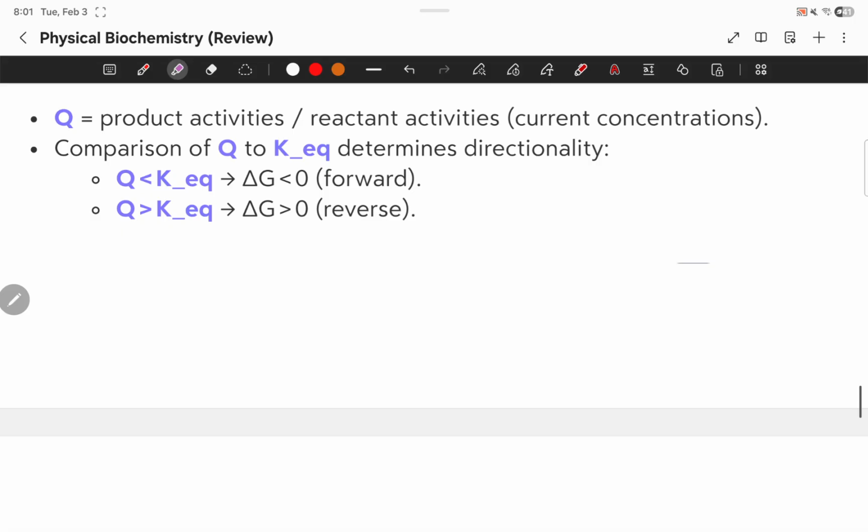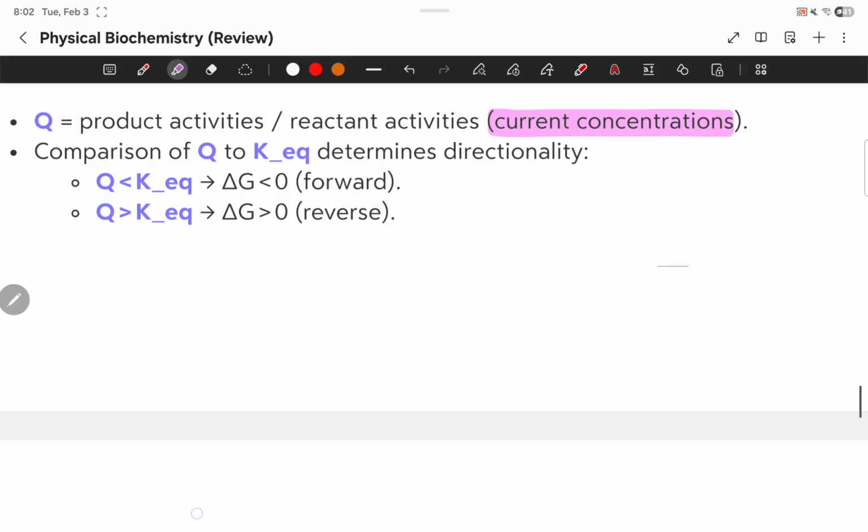Basically, Q is the product activities over reactant activities, meaning current concentrations. Comparing Q to the equilibrium constant, if Q is less than the equilibrium constant, then the reaction will be proceeding forward in the product-forming direction, and delta G is going to be less than 0.